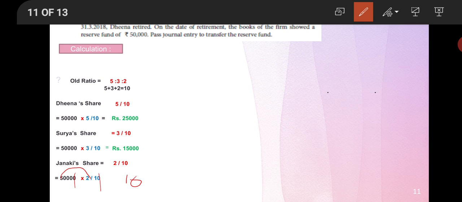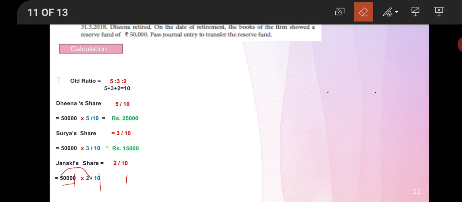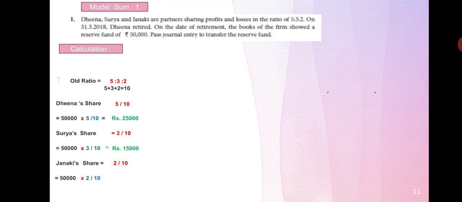Along with that, you add 3 zeros, which is 1, 2, 3. So Janaki should get 10,000 rupees. This is how you calculate. I am just erasing this for the purpose of clarity. Let us go back to the sum.